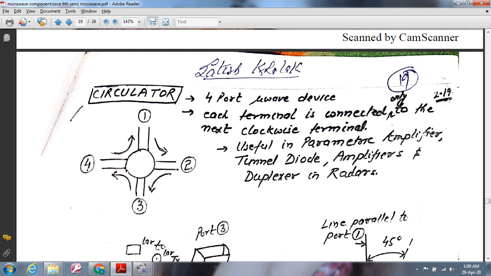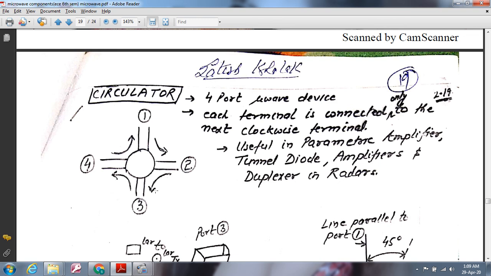Each terminal is connected only to the next clockwise terminal. 1 is connected to 2 only, 2 is connected to 3 only, 3 is connected to 4 only, and 4 is connected to 1. It means if we are using port number 1 as the microwave source, then our output can be seen only at port number 2, that is the next port in the clockwise direction.